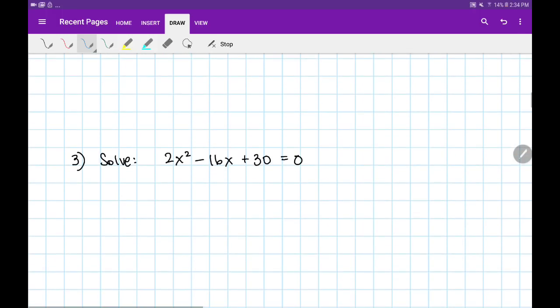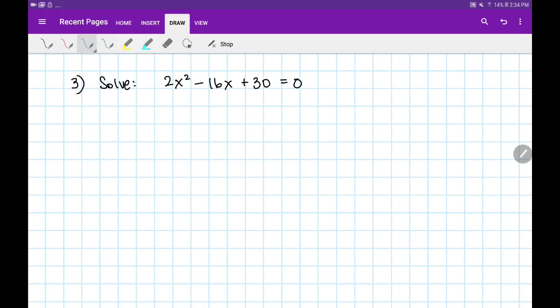All right, let's go on to number 3. 3 says solve. So what we're dealing with here is a quadratic equation. I know it's a quadratic because quadratic means it has an x squared term in it, and there it is. So when we're solving quadratic equations like this, you have a couple of methods that you can use to solve.